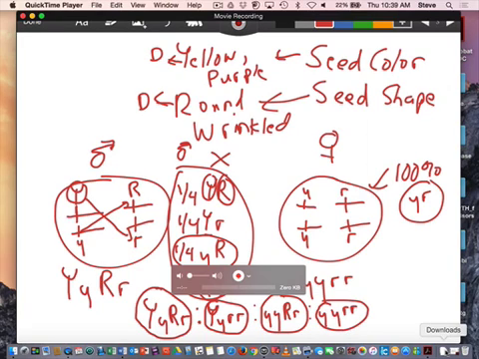And the last one, purple wrinkled. Okay? So the expectation from a cross between a double heterozygote and a completely homozygous individual is a 1-to-1-to-1-to-1 ratio of each particular genotype and phenotype.